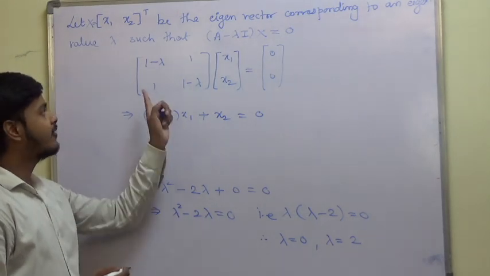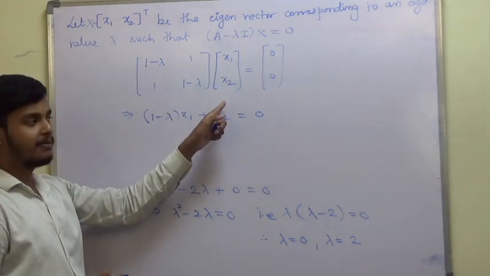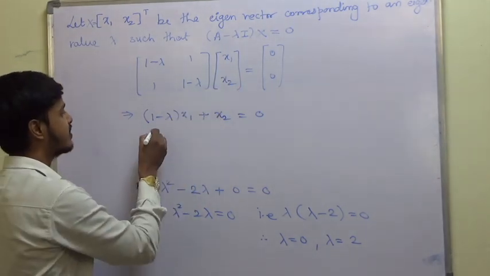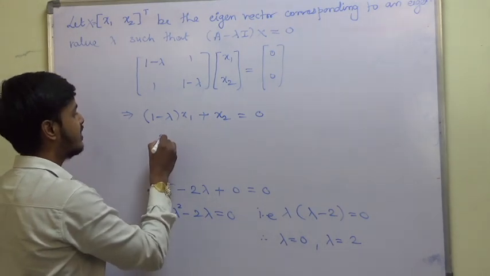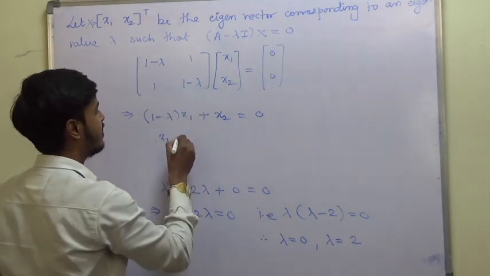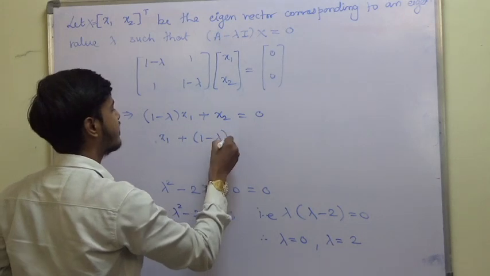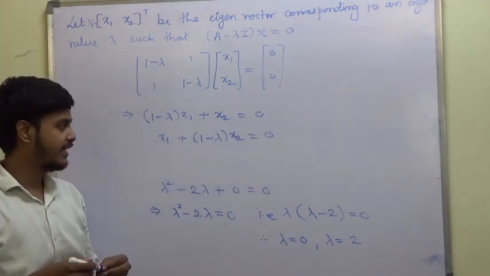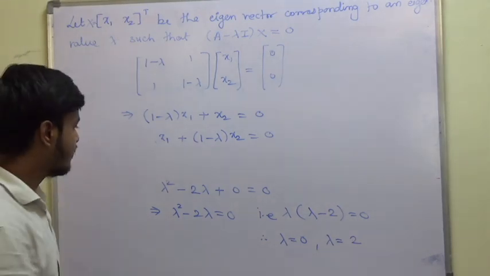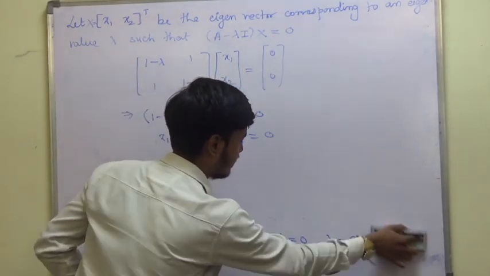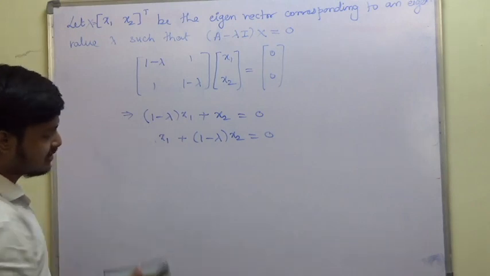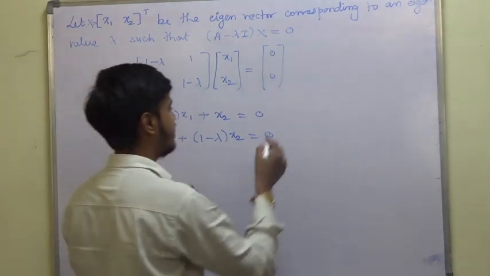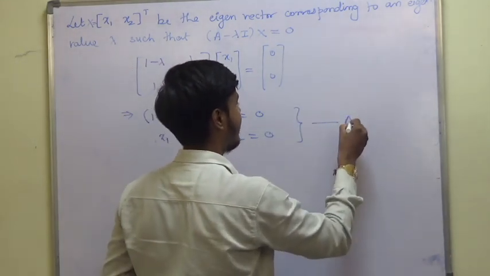Okay. Now do the similar kind of multiplication and get the second equation. So this is 1 into x1, x1 plus 1 minus lambda into x2 is equal to 0. Okay. Now, say this is the set of equations A.